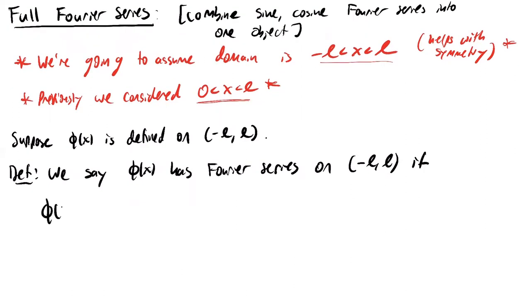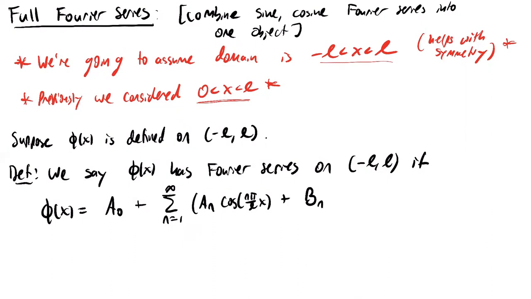So if I can write phi of x as a sum of terms like we considered previously. So if I can write phi of x as a0 plus now a sum from n equals 1 to infinity of an times the cosine functions. So I have the cosine terms from before, plus some other constant coefficient, let's say bn instead, times sine of n pi over L x.